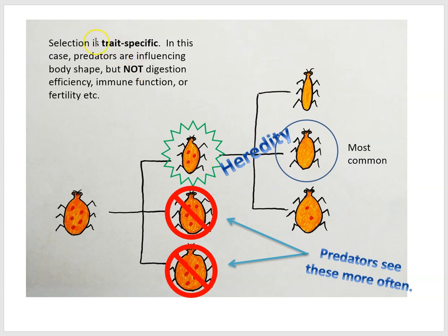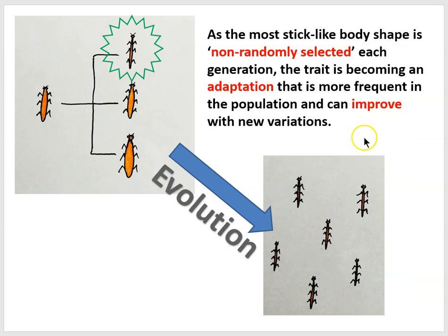So a specific selection pressure has an effect on some traits and not others. So we'll begin to summarize then. As the most stick-like body shape is non-randomly selected each generation, the trait is becoming an adaptation that is more frequent in the population and can improve with new variations.